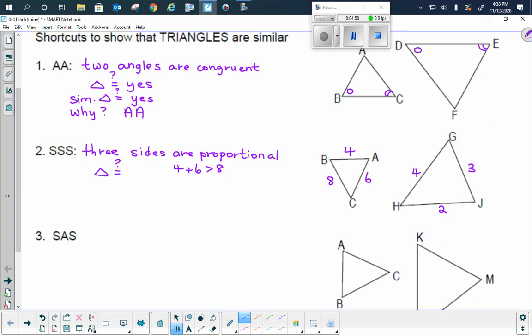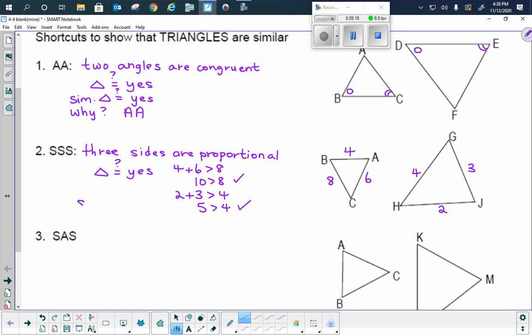And 4 plus 6, 10, is greater than 8. So that's a check. And likewise, the second triangle, GHJ, 2 plus 3 has to be greater than 4. The two smaller sides have to be greater than the third. 5 is greater than 4. That's a check. That is the work to tell me that, yes, they are triangles.